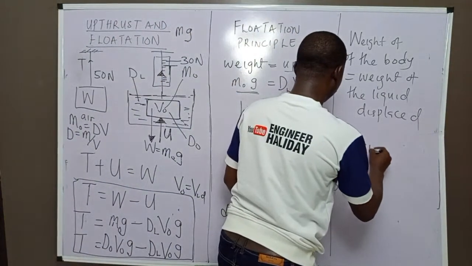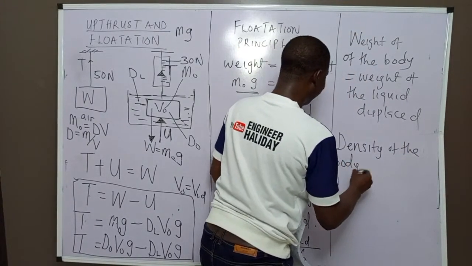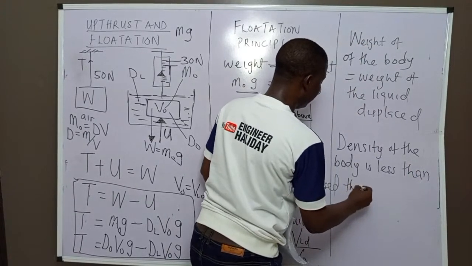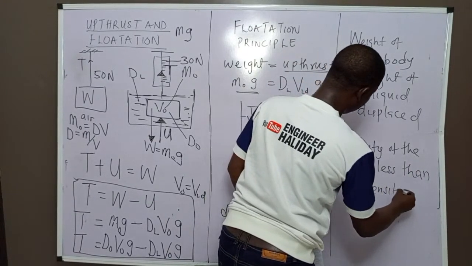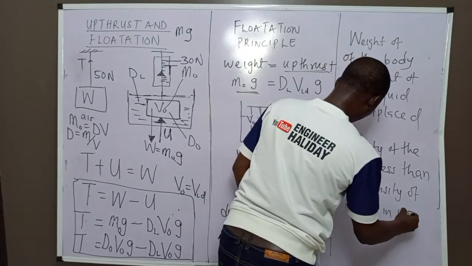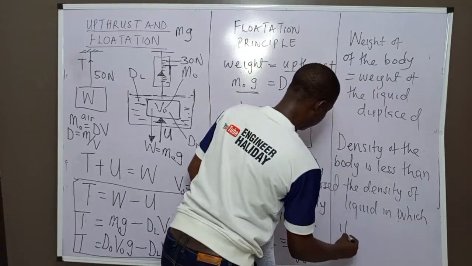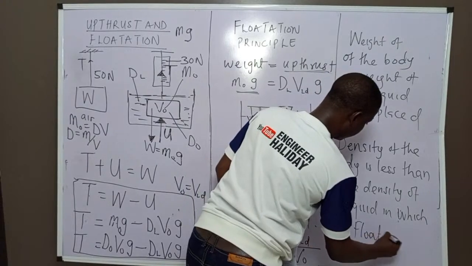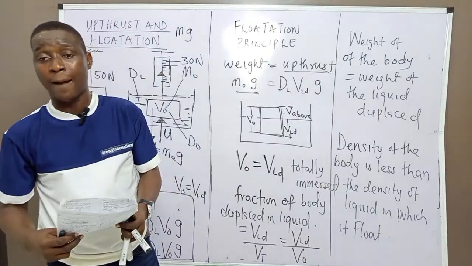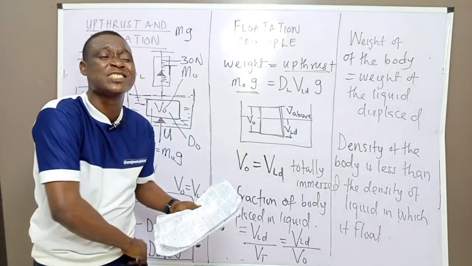The density of the body is less than the density of the liquid in which it floats. So that means for a ship to float in water, the ship must produce a density that is lesser than the density of the water.